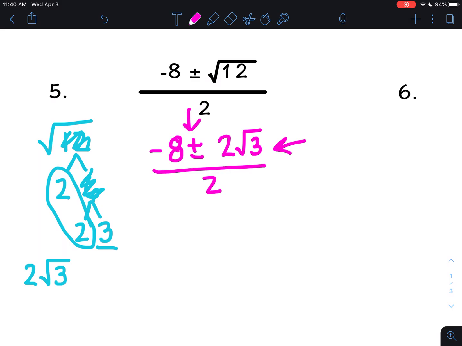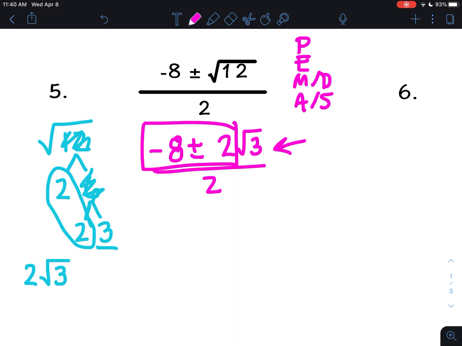So you cannot combine the -8 and the 2, because our order of operations, PEMDAS, tells you to multiply before you add or subtract. You cannot combine these two things together because the 2 is being multiplied to the radical 3.